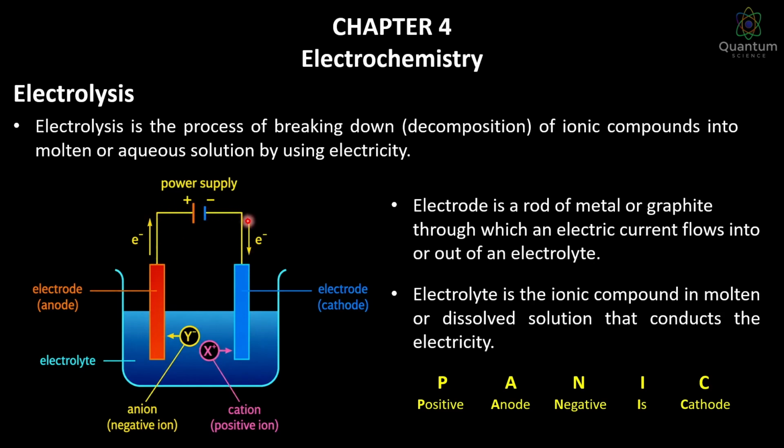And in the electrolyte, it is the movement of ions. Since this is the positive electrode, who will be attracted to it? All negative ions, right? So that is why negative ions are called anions. Since this is the negative electrode, who will be attracted to it? Positive ions. And this is what we call cations.